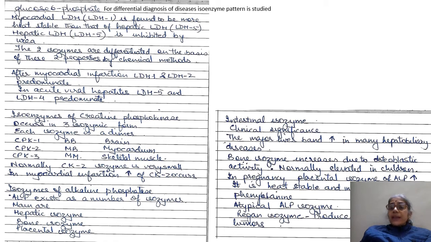Apart from it, normally it is elevated in children because of greater osteoblastic activity due to their growth. In pregnancy, placental isozyme of ALP increases. It is heat stable and inhibited by phenylalanine. Atypical alkaline phosphatase isozyme, the Regan isozyme, is produced by malignant tumors.